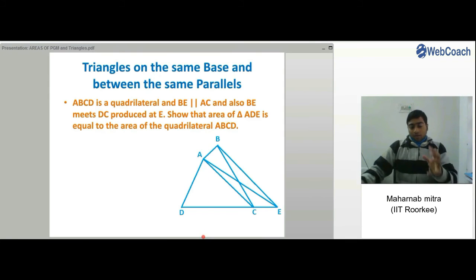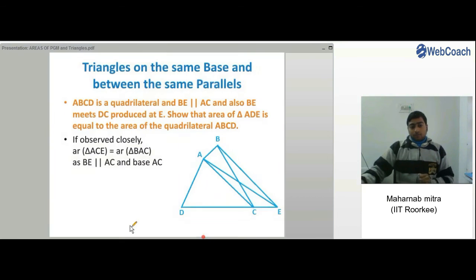If observed closely, you will find area of triangle ACE is equal to area of triangle BAC.